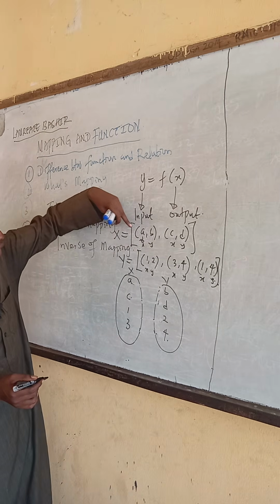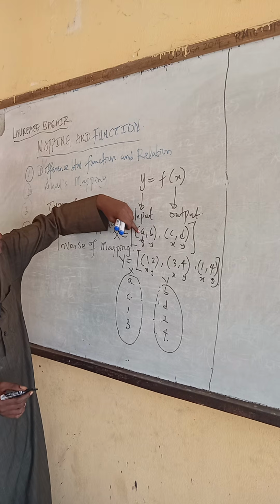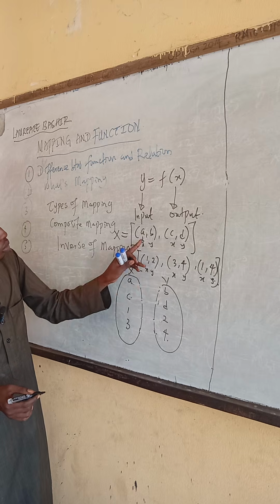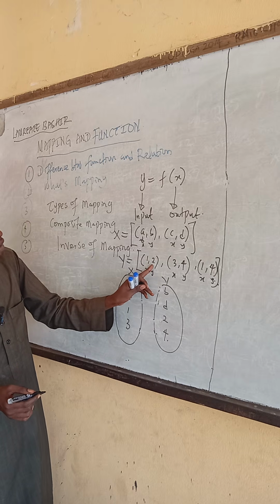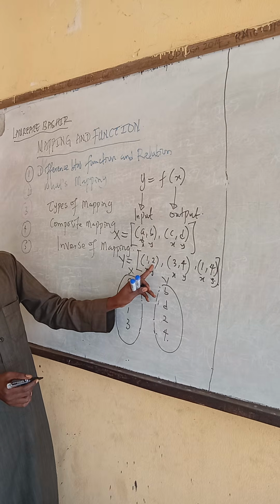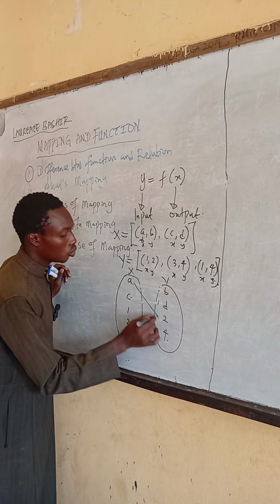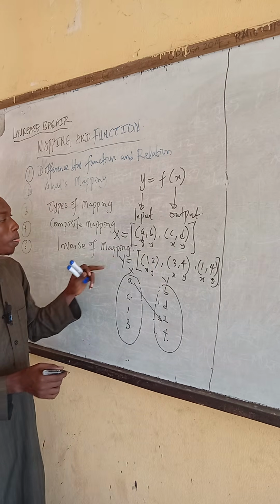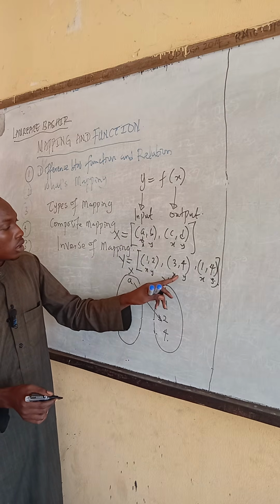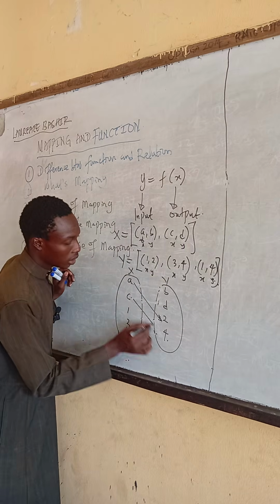Your a, which is x, goes to what? It goes to 2, you get. So a goes to 2. Then c here goes to 4, right?